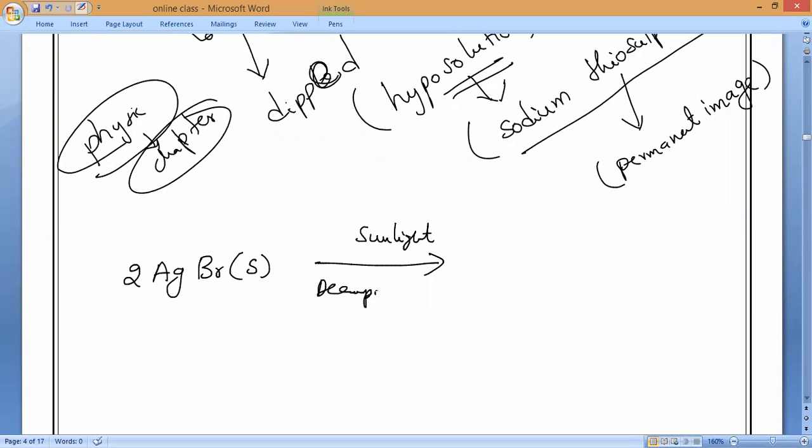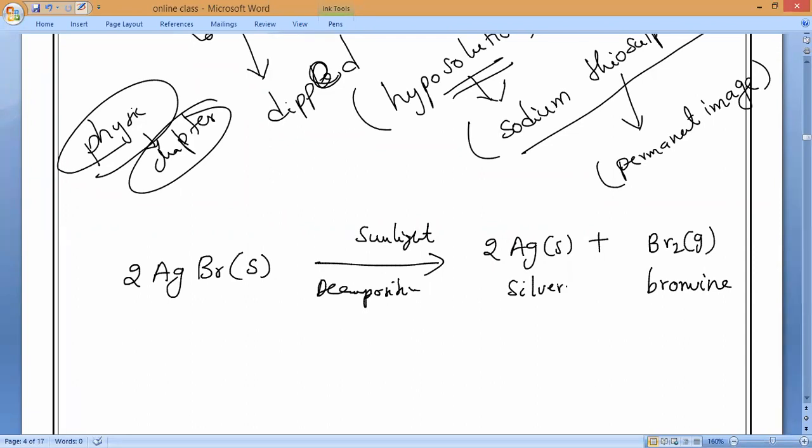It is a decomposition reaction, which gives silver plus bromine gas. This is called silver. Any doubt?